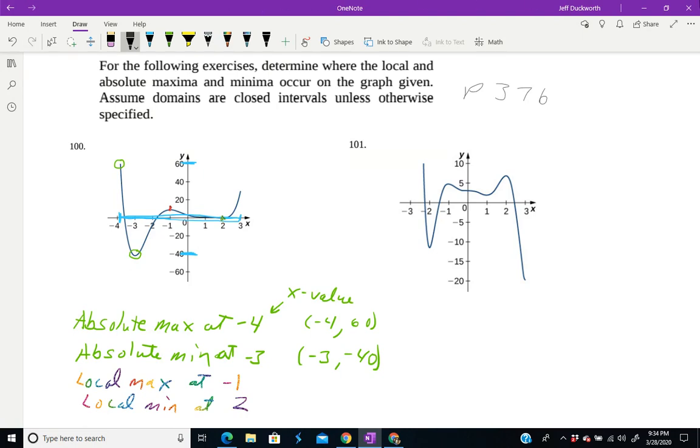It looks like the domain goes from, I don't know, negative 2.5 or what. We'll call it negative 2.3, and I'm going to say 3 is the end here. So that's our interval.